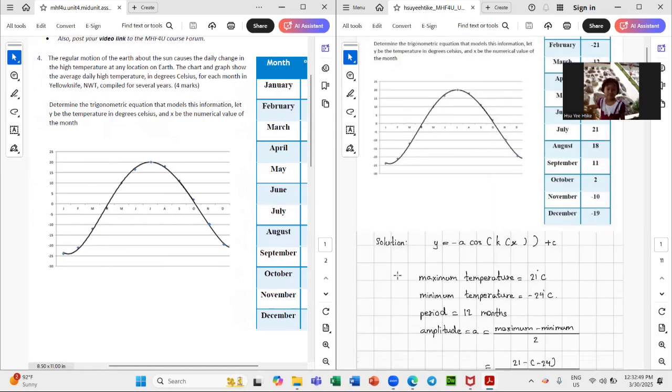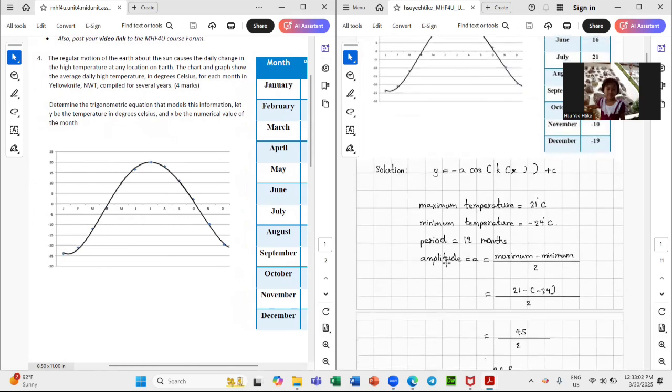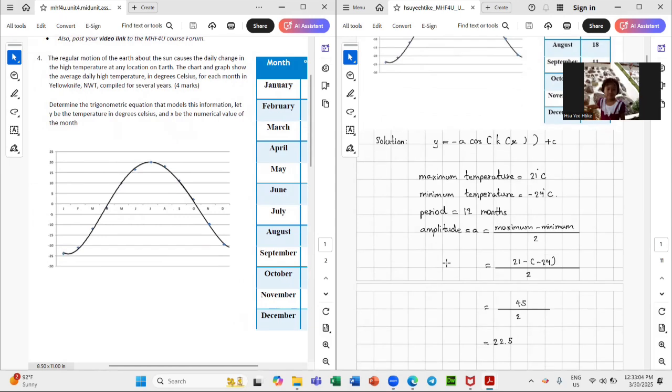So the equation for this graph would be y is equal to negative a cosine k times x plus c. Here, the maximum temperature is 21 degrees Celsius, the minimum temperature is negative 24 degrees Celsius. The period is 12 months because there are 12 months from January to December.